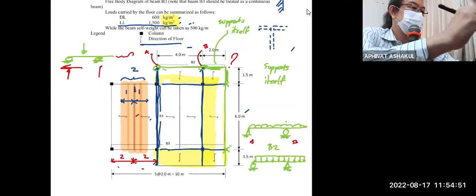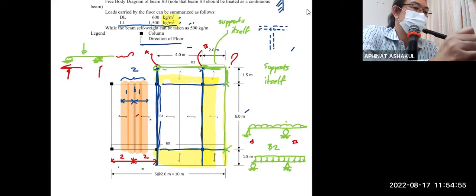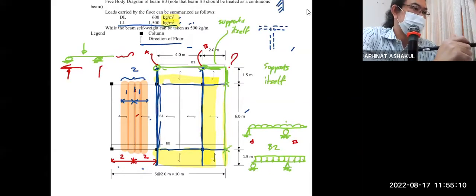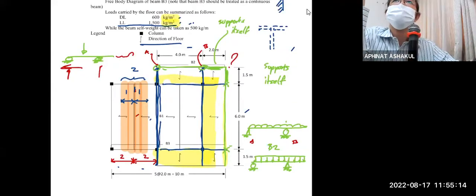Okay, that is the width here. You can see 1.5 meter, right? 1.5 meter. And this is the direction of your floor. What does it mean? It means that half the floor, or 0.75 meter, will go on to B2, correct?